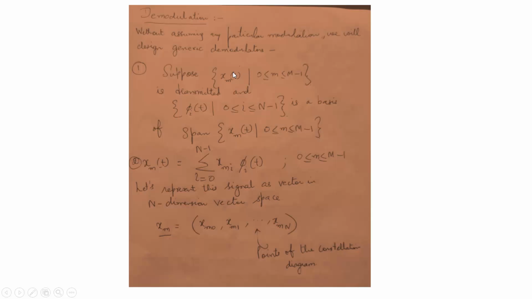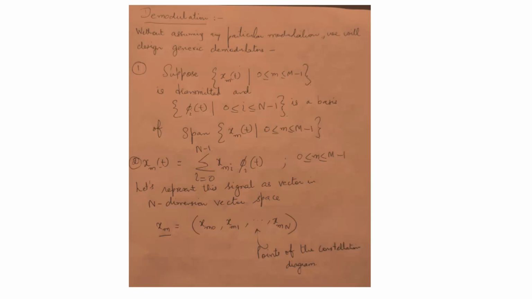Now the question is how to do the demodulation. What I will do now is try to design a demodulator or detection or receiver kind of circuit which is independent of any particular modulation scheme.